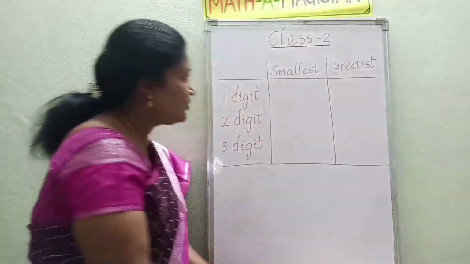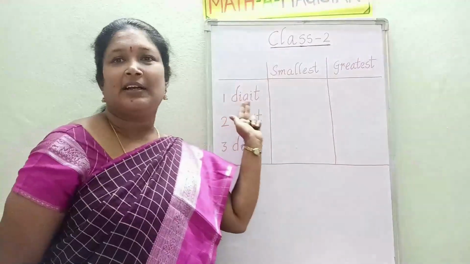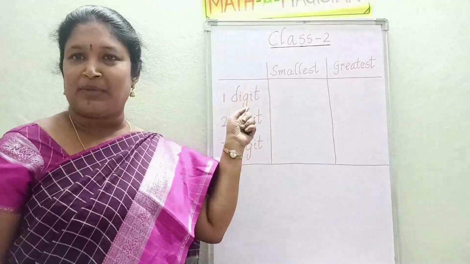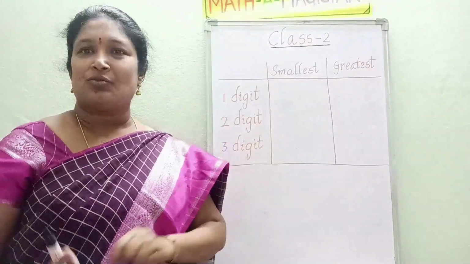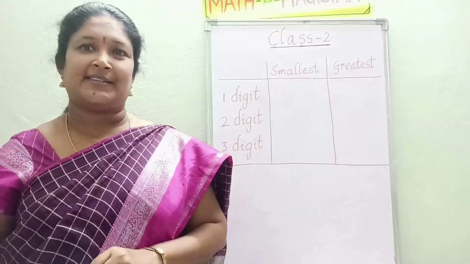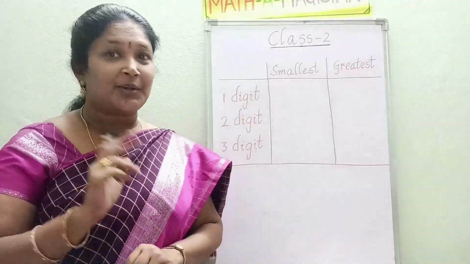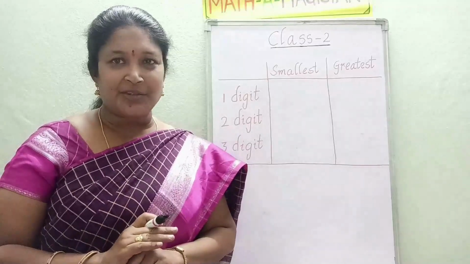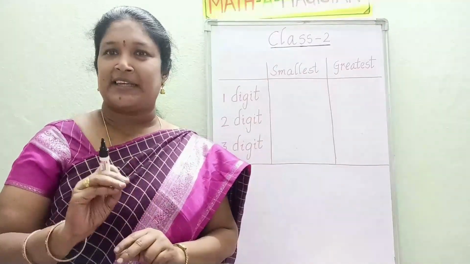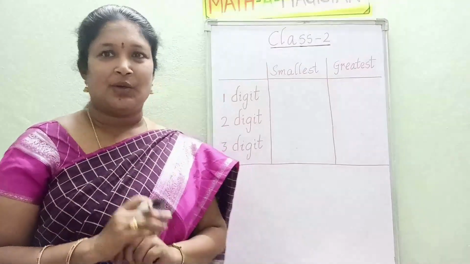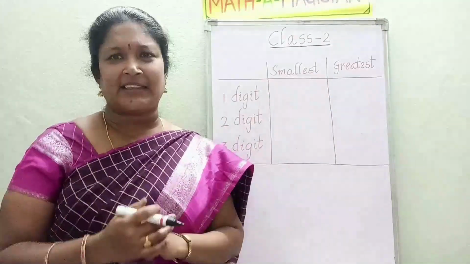So here once see children. What are the one digit numbers? Already I told you. 1, 2, 3, 4, 5, 6, 7, 8, 9. So among all those, 0 also is there. But we should not count 0 as a counting number, because 0 means it's nothing.